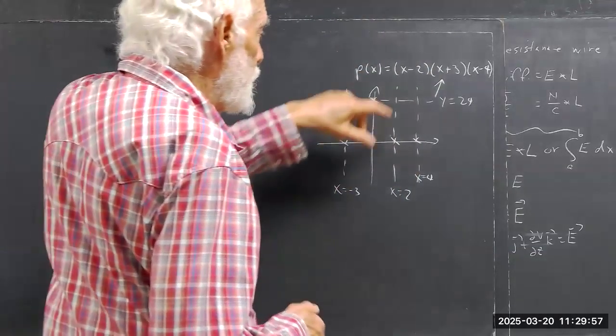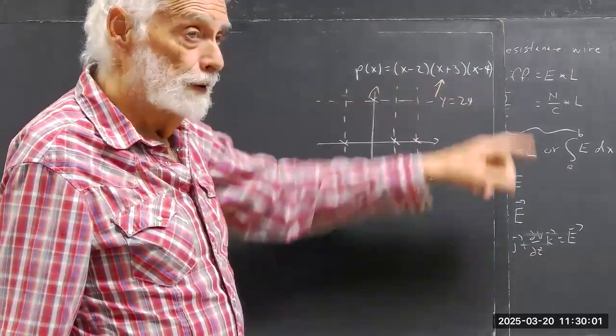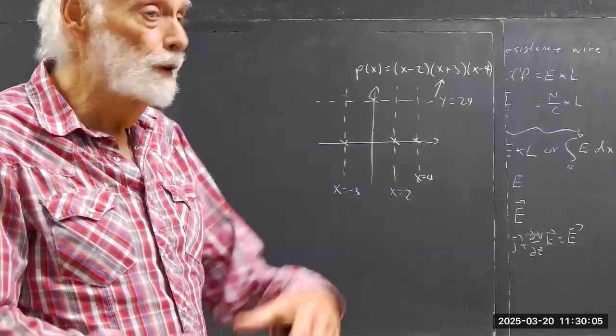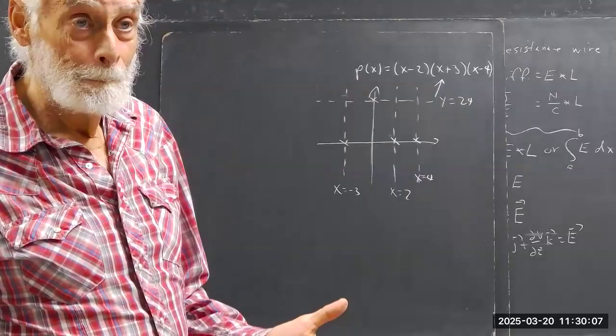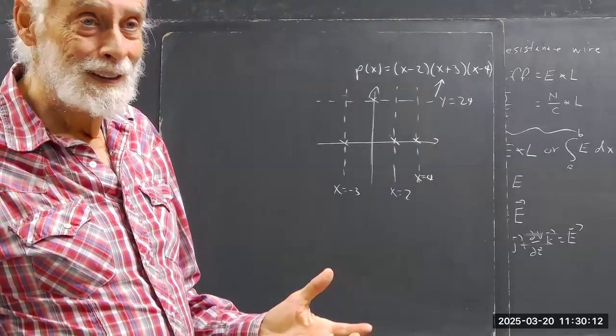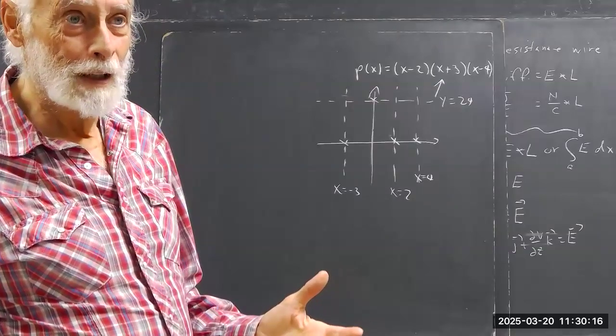Then if x is a big negative number, then each one of these is a big negative number. Take a big negative number and subtract 2 from it, you still have a big negative number, right? If you're in debt $50,000 and subtract 2 from that, you're still in debt about $50,000.